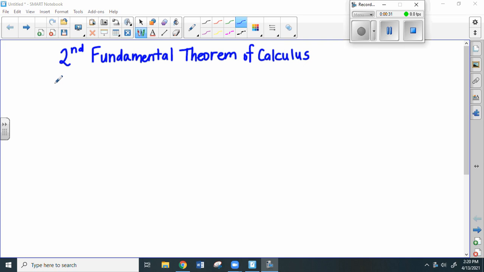So what is the second fundamental theorem of calculus? Sometimes, by the way, it's called the fundamental theorem of calculus part 2.